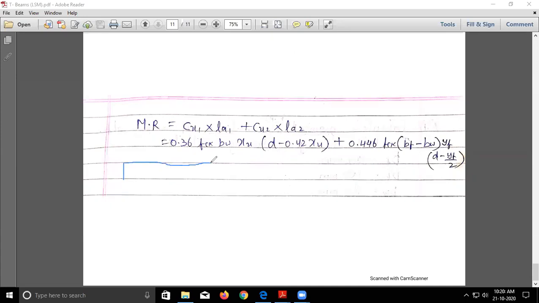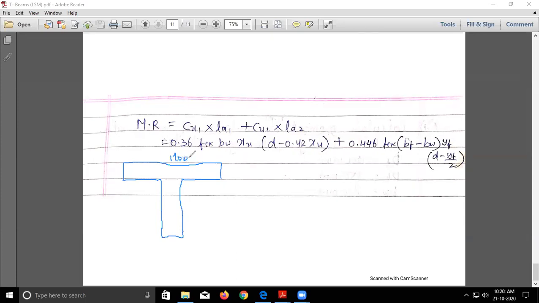So what is given? I will just draw the figure. So this is the T beam. Now tell me, what is the width of the flange, this value? Yes, all of you. 1200. Correct.